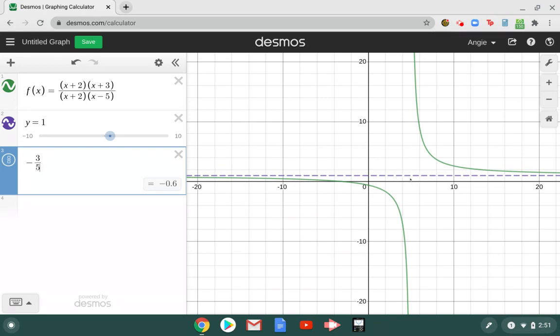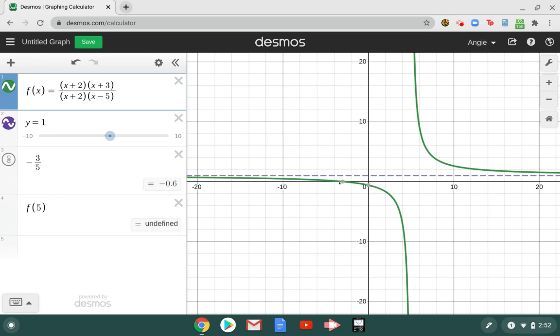I can make sure that this is a domain restriction by typing in x equals 5, and it is. So we were able to check the horizontal asymptote and the intercepts, and we can at least sort of verify our vertical asymptote.